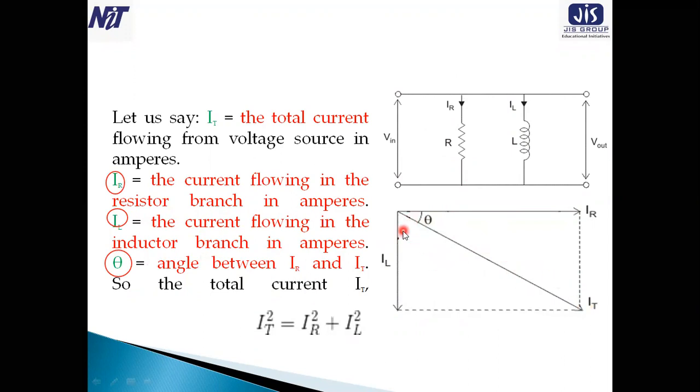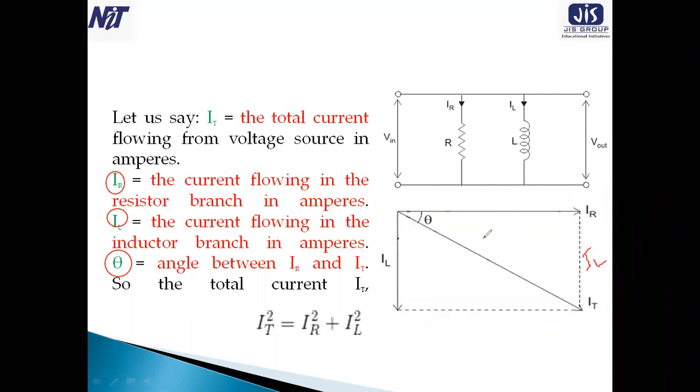the total current? The total current is the vector summation of IR and IL, that is IT. We consider it as IT. So using the Pythagoras theorem, IT square will be equal to IR square plus IL square, because this is our IL.